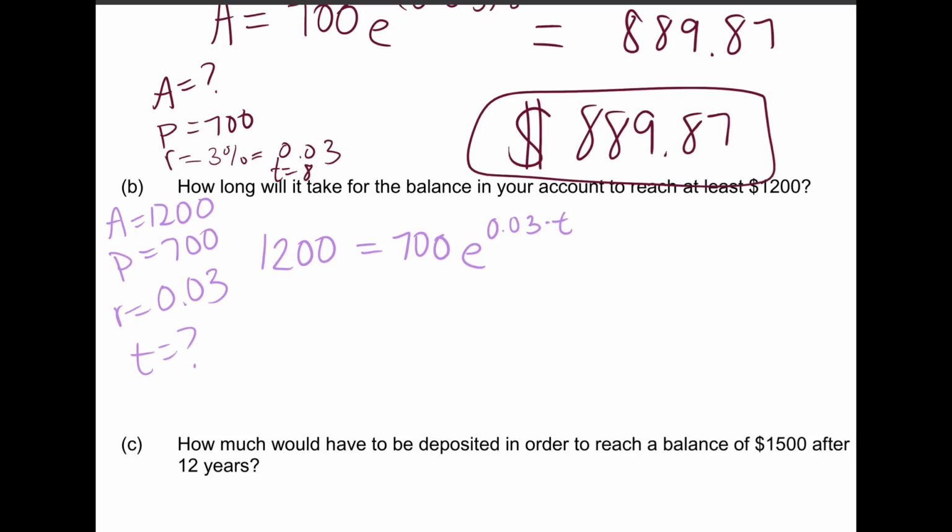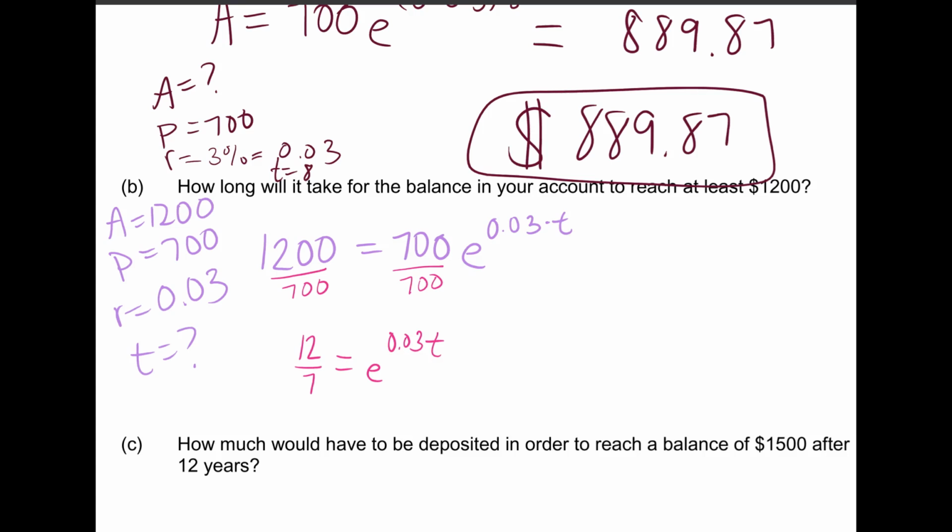Okay, so how would I go about solving for this exponent? I'll give you a clue, it's what we were just working on in the previous problem. How would I get the time by itself? First step is to divide by 700 on both sides. 12 over 7 is equal to e to the 0.03t. And then let's see the previous page, example 4a.